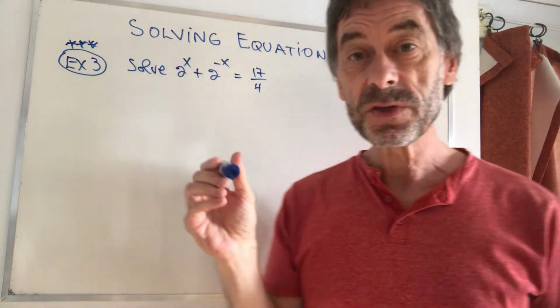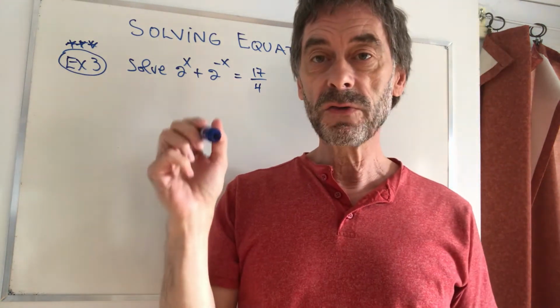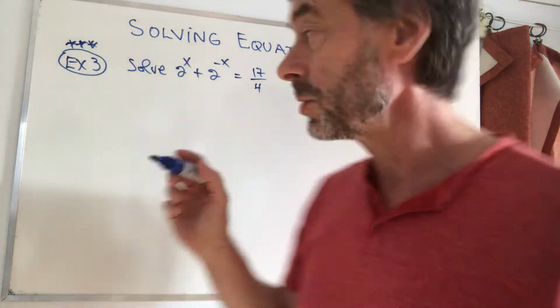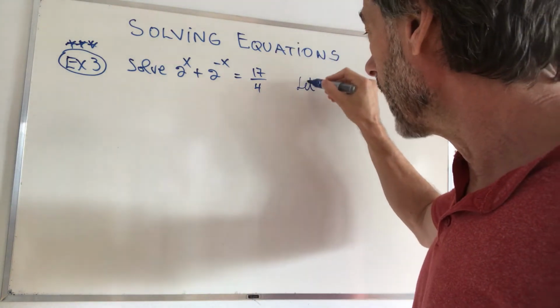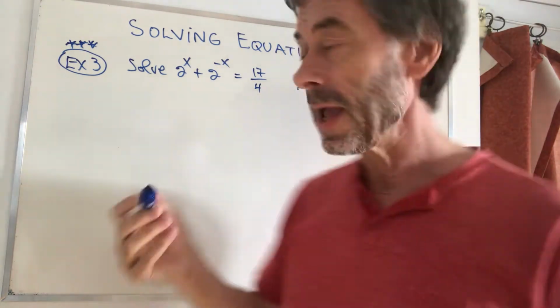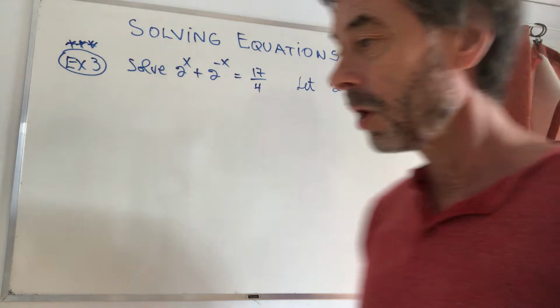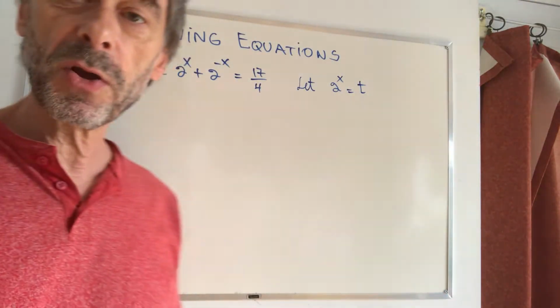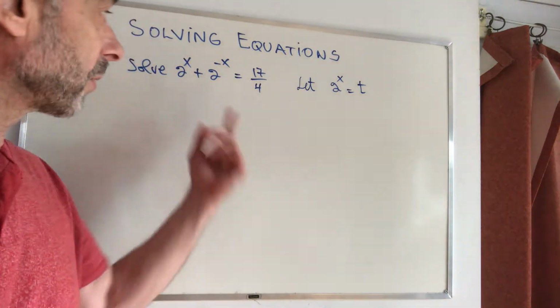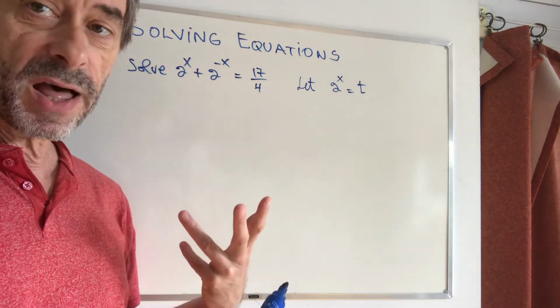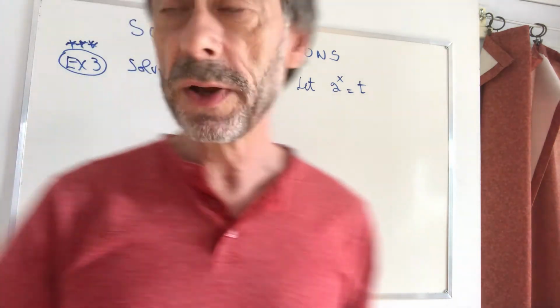When we have different things like this, it calls for a substitution. We're going to replace that 2 to the x expression by another letter. That's what we call a substitution in mathematics. So you replace one entity by another, hence hopefully simplifying the original equation.